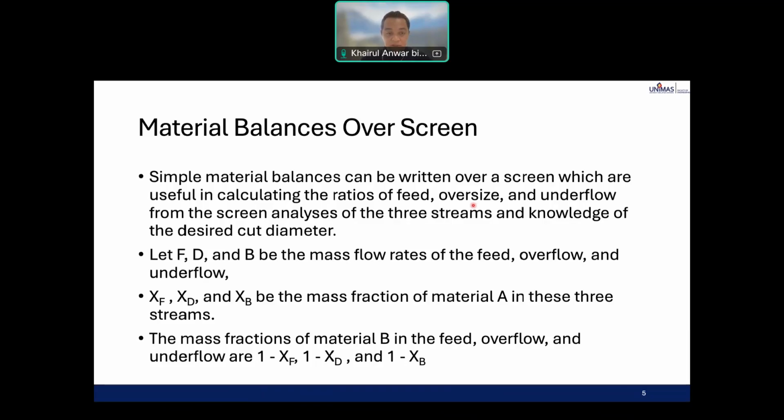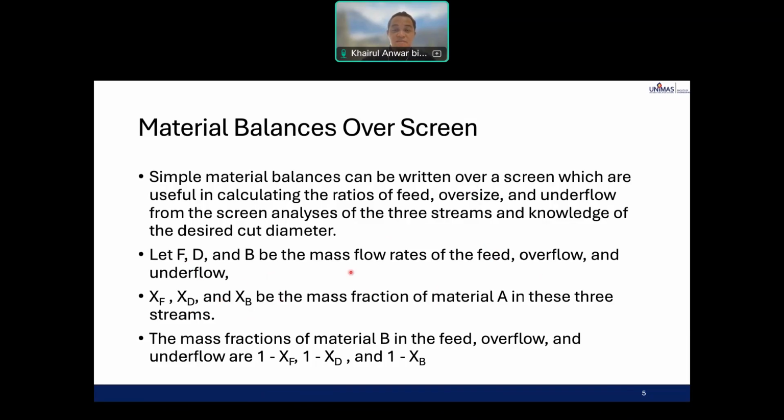XF, XD, XB are the mass fractions of material A in these three streams. The mass fractions of material B in the feed, overflow and underflow are 1 minus XF, 1 minus XD, and 1 minus XB. So F refers to feed, D is overflow, B is the underflow.